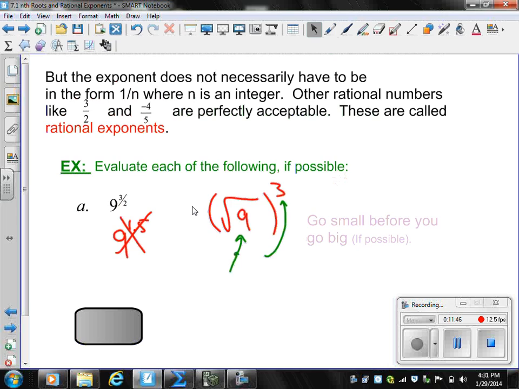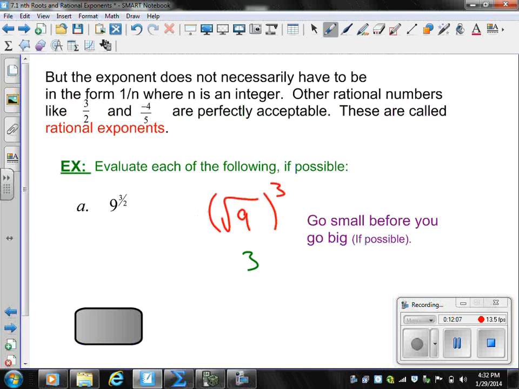So I'm going to take this first method that I suggested here. The square root of 9 is 3, and now I have 3 cubed, and I can do 3 times 3 times 3, and I can get 27. So I can say that 9 to the 3/2 is 27.